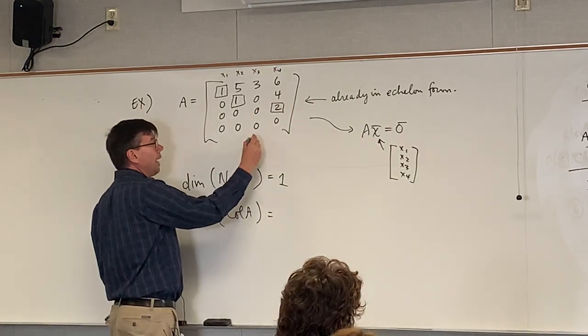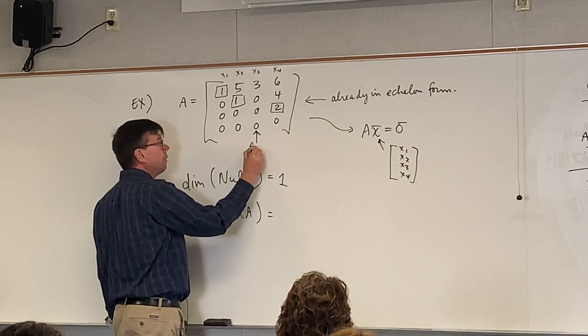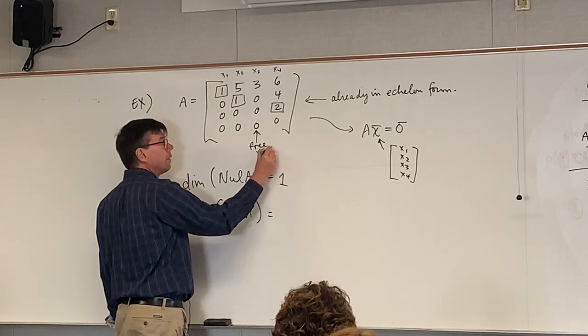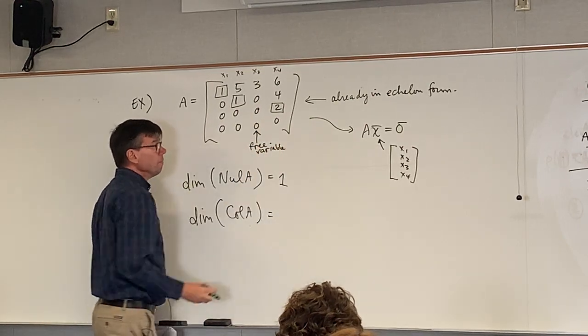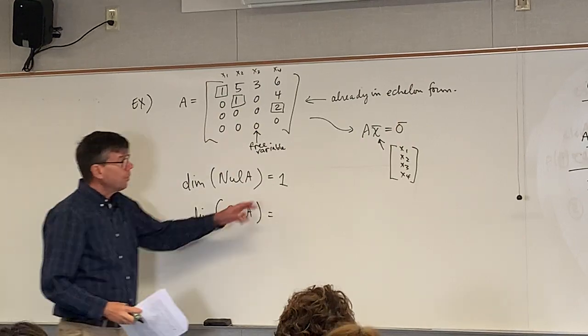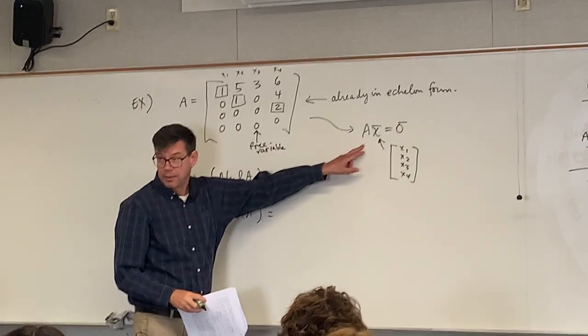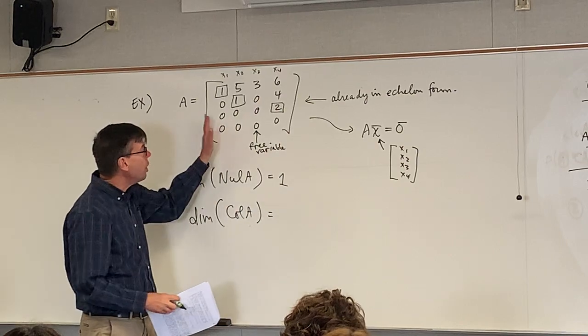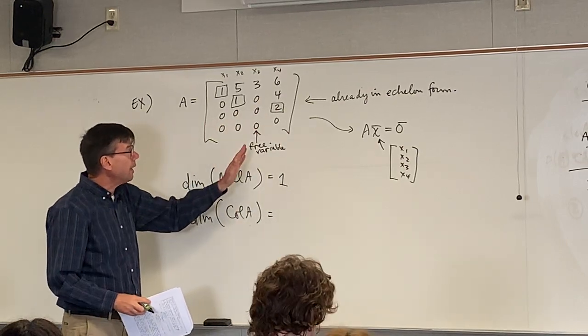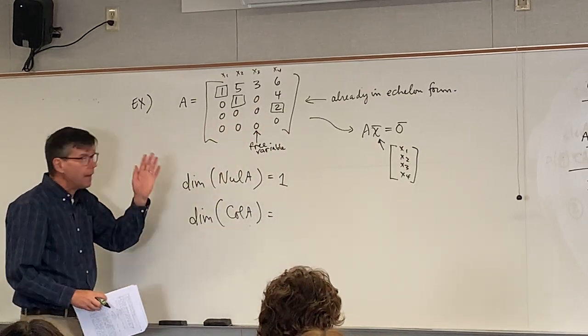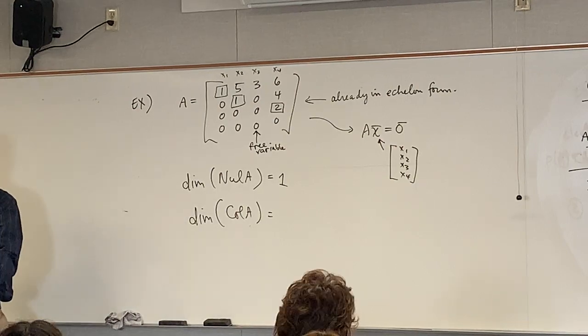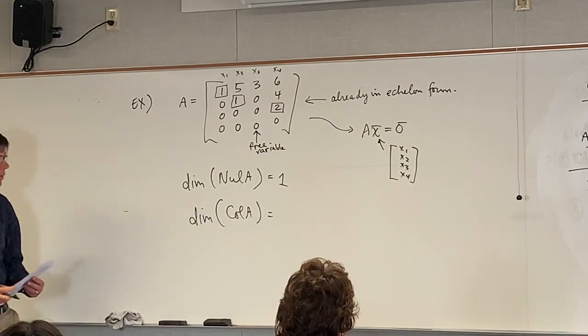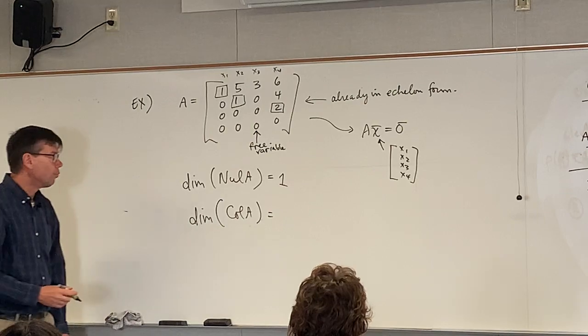So actually, x3 is a free variable. So if we actually solve the system and describe the general solution, I know already I'm going to end up with just x3 times some constant vector, right, in my general solution. So the dimension of null space is 1.